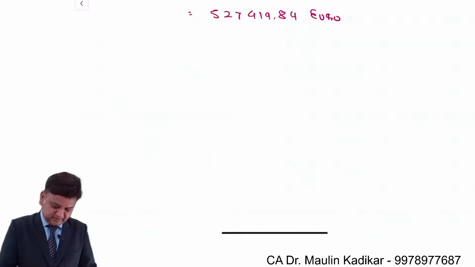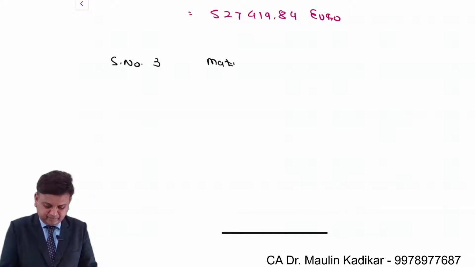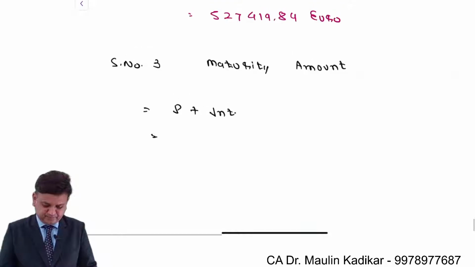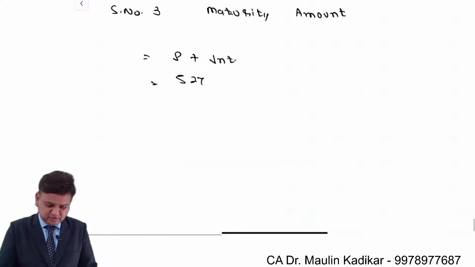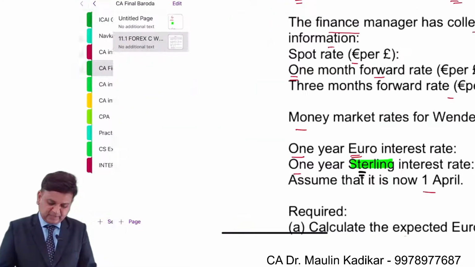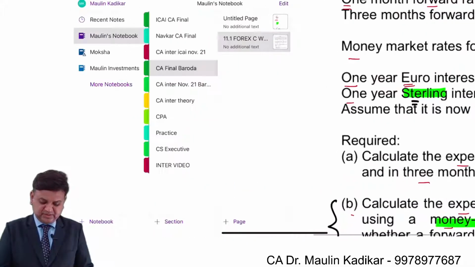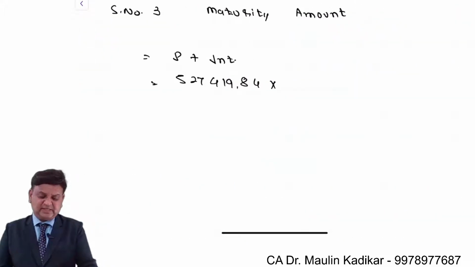So step number 3, maturity amount. Maturity amount is principal plus interest. So 5,27,419.84 into, now when you deposit you will get the lower rate of interest, and for euro the lower rate of interest is 4.6%. You have to be slightly careful for all the rates that you select.